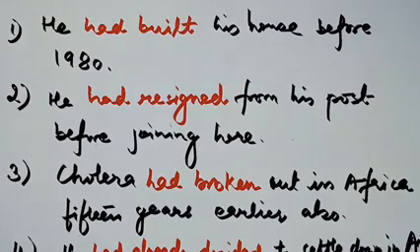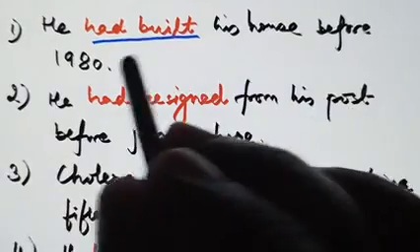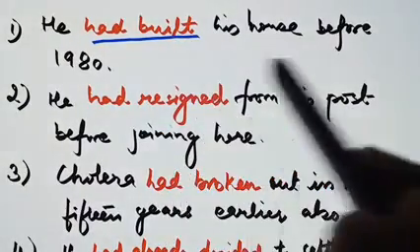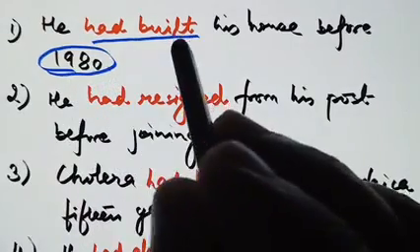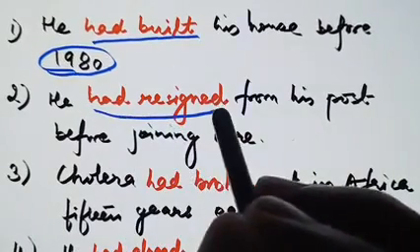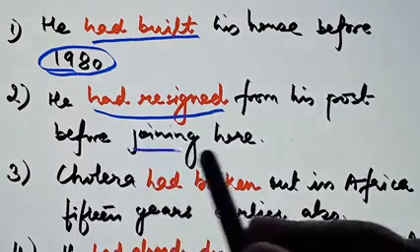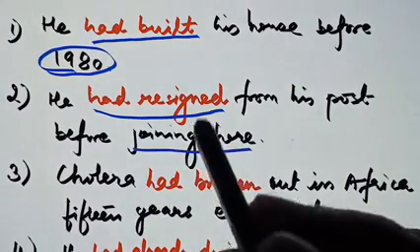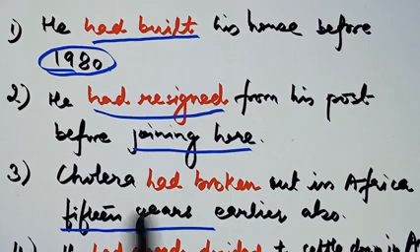So we see in these sentences that the action had built has been done before some particular time in the past, like he had also resigned before joining, a particular point in the past, and cholera also had broken out in Africa some particular 15 years earlier.